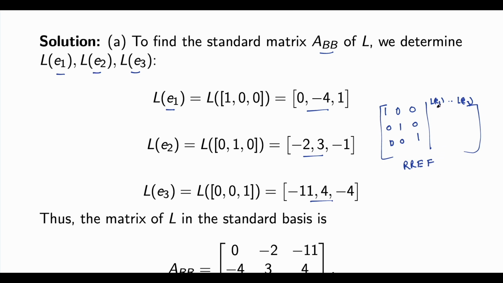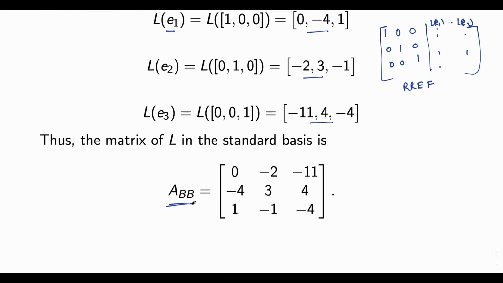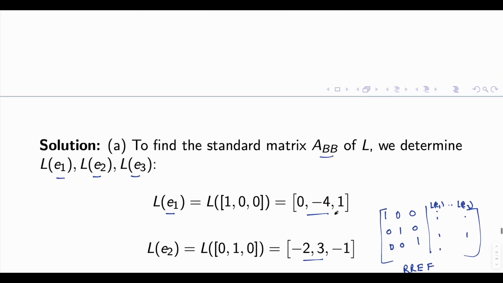So whatever column you get, the image you get, just pull it back into your matrix A. This is your standard basis matrix. So this is your matrix for part 1.